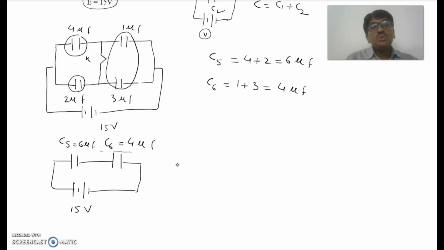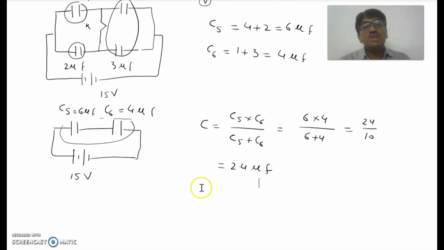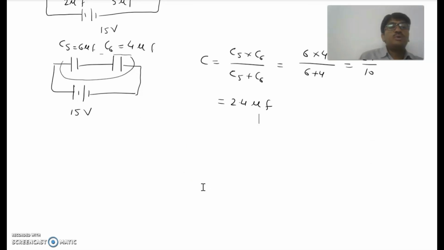Now these two capacitors are in series, so the total capacity equals C5 into C6 upon C5 plus C6, or 6 into 4 upon 6 plus 4, which is 24 upon 10, or 2.4 microfarad. The total capacity in this situation is 2.4 microfarad.